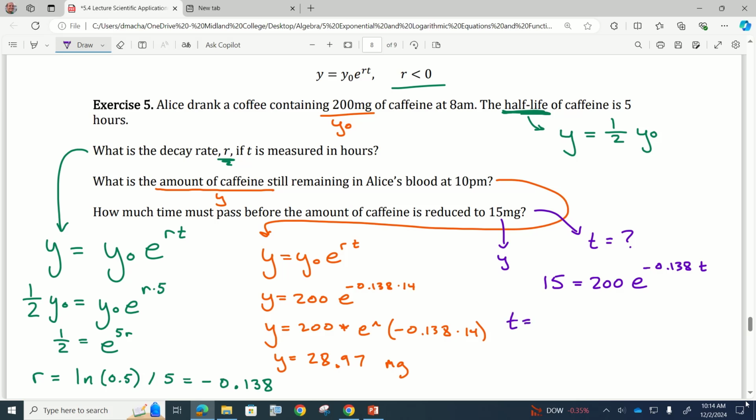If you rearrange this equation correctly, this is going to be the natural logarithm of 15 divided by 200 divided by negative 0.138, and you get cool. So if you drink your coffee and you only want 15 milligrams of caffeine, well, then you just have to be patient and wait 18.77 hours.